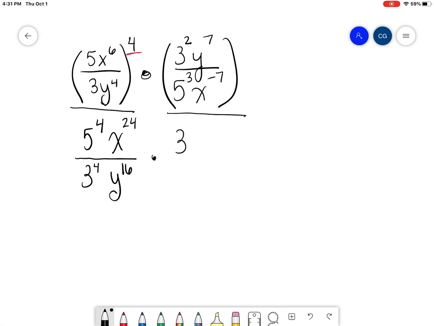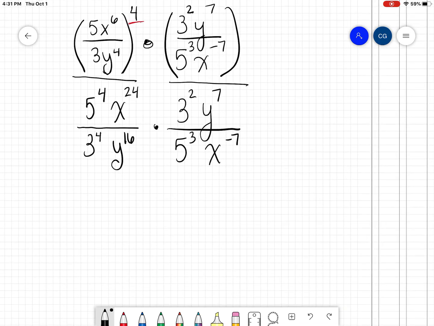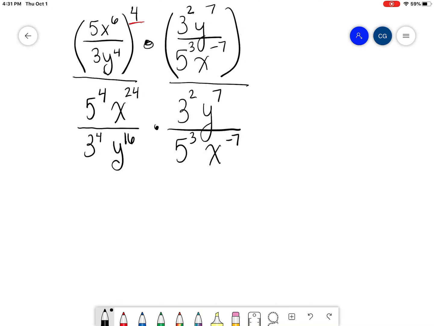And that's going to be multiplied by the second factor, which is 3 squared, y to the 7th, all over 5 to the 3rd, x to the negative 7. Okay, so now when I multiply, I want to add my exponents if my bases are the same. So when I go across the top and I multiply everything, I have 5 to the 4th, x to the 24th, 3 squared, and y to the 7th.